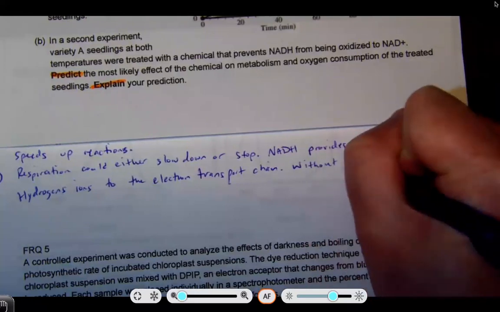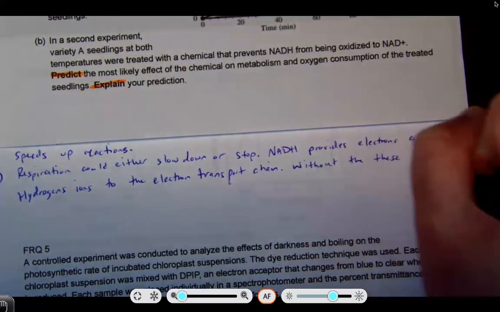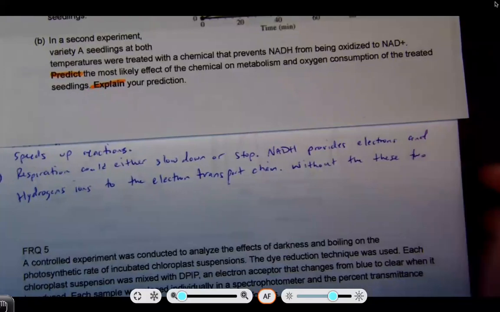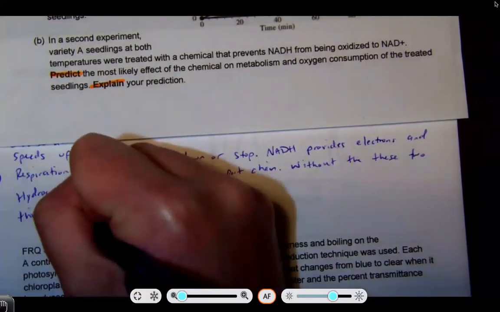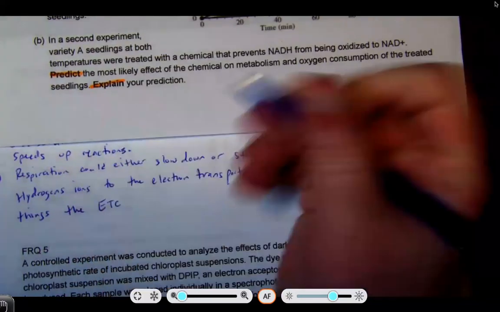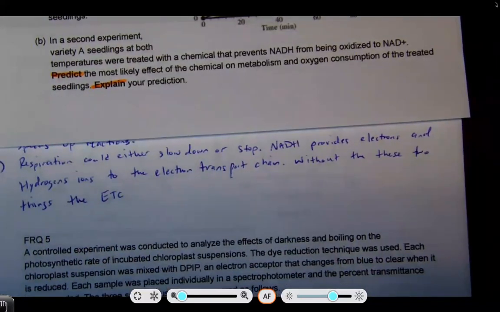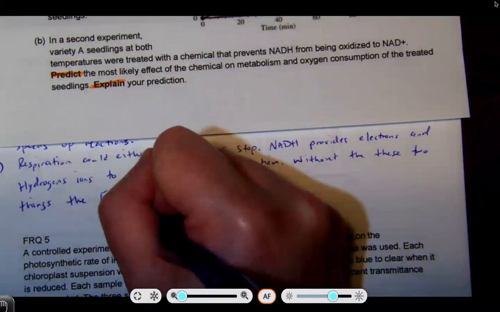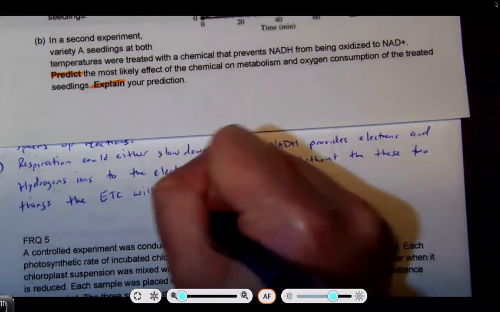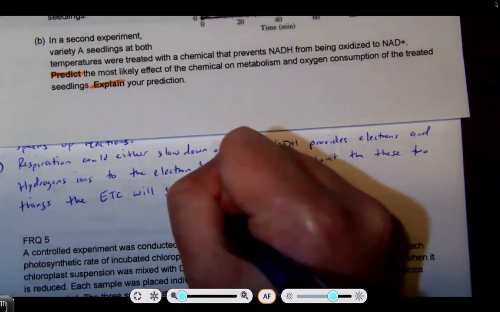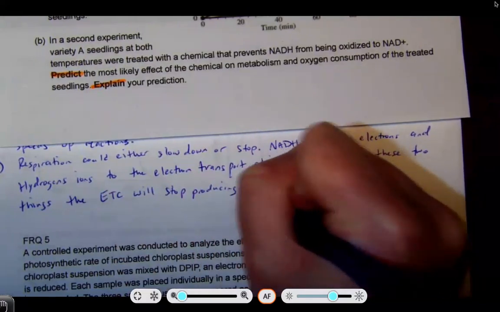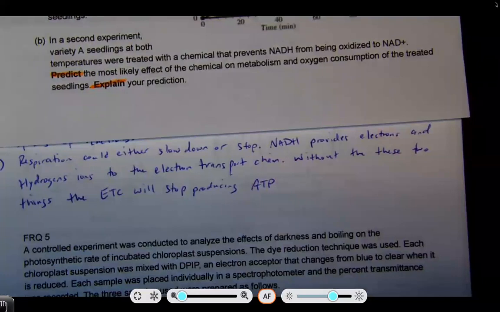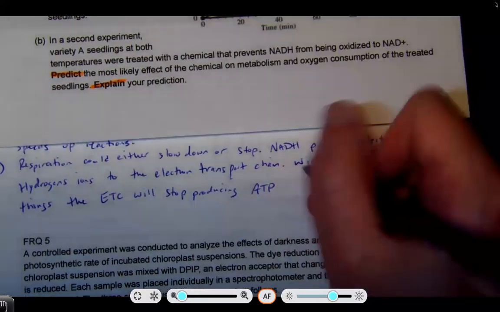Without these two things, the ETC, or electron transport chain, you might want to write it out, the electron transport chain will stop producing ATP. And that's it.